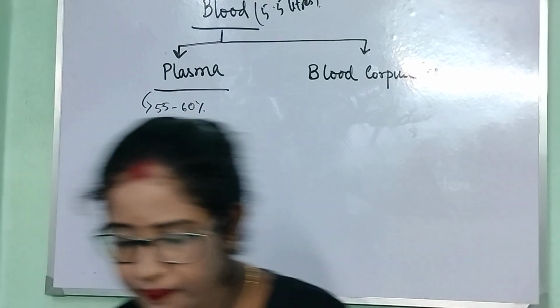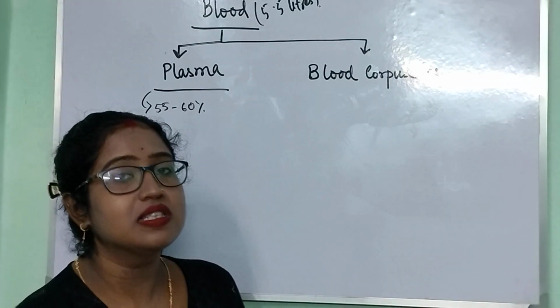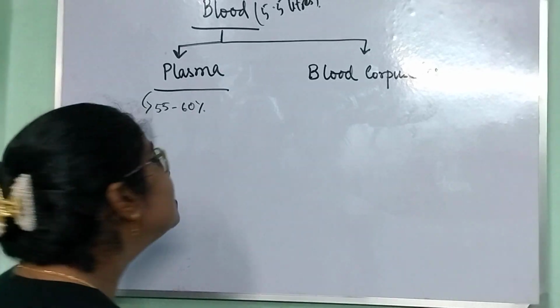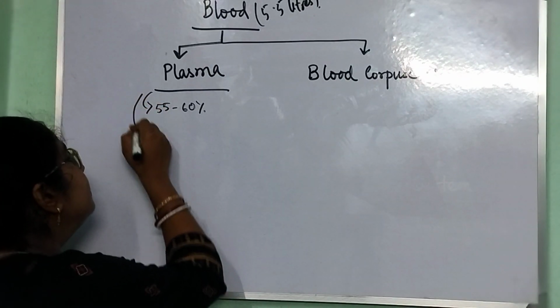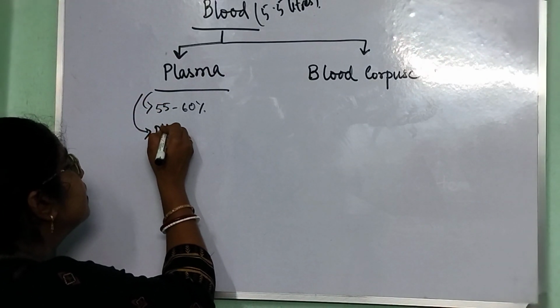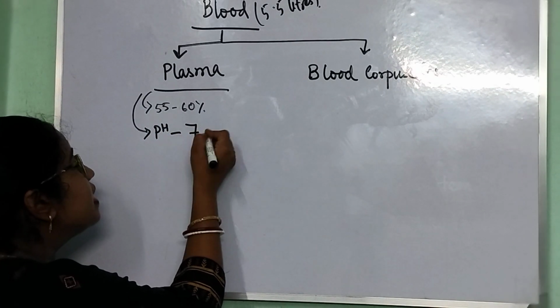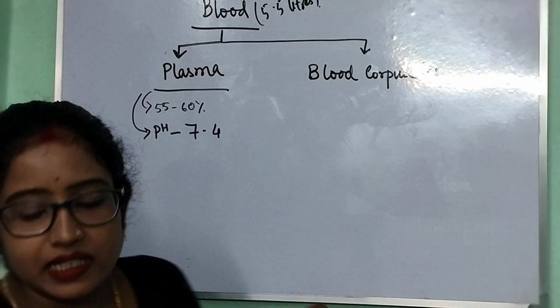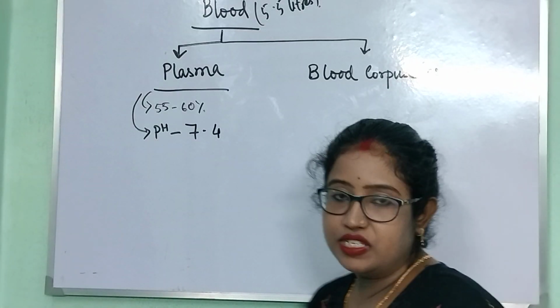Plasma actually is the normal fluid part of blood. It is slightly alkaline and its pH is near about 7 to 7.4. So it is slightly alkaline in nature.